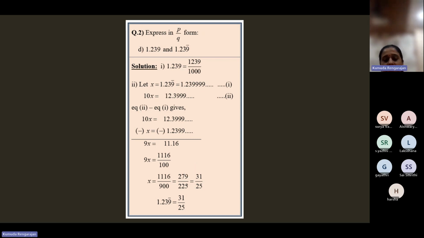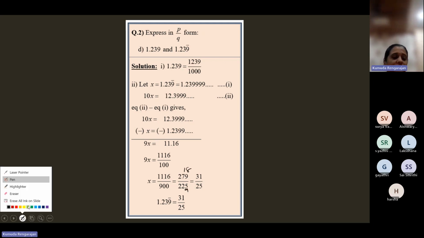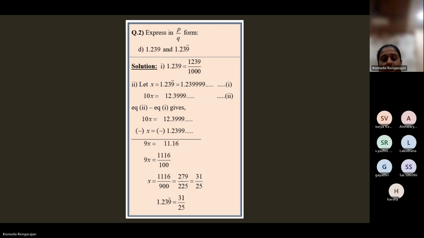Then again you can divide by 3, because both these numbers are divisible by 9. It's actually 9 31 times and 9 25 times. So x is equal to 31 by 25, which means x, 1.239 recurring, is equal to 31 by 25.